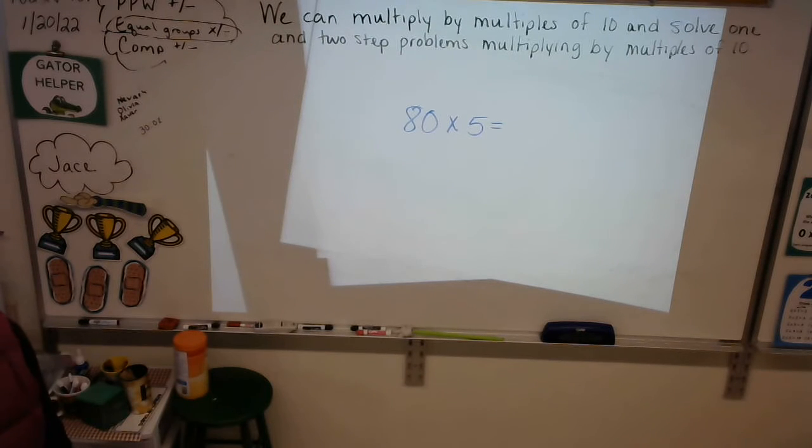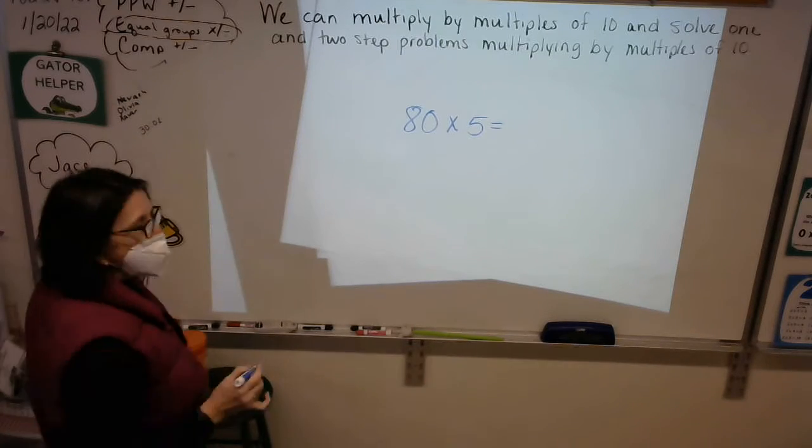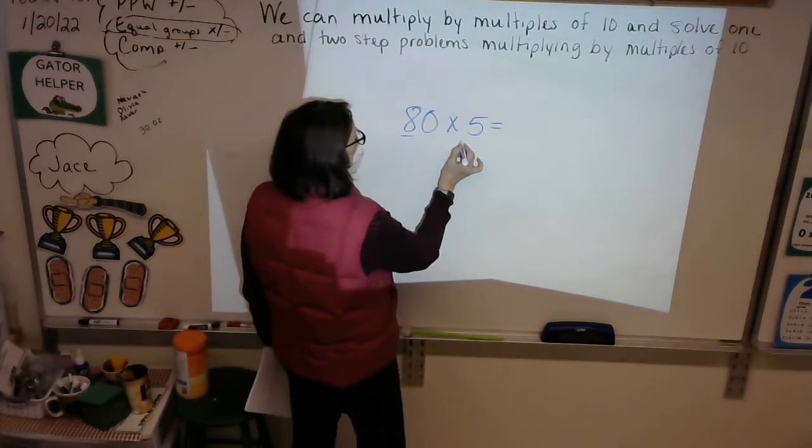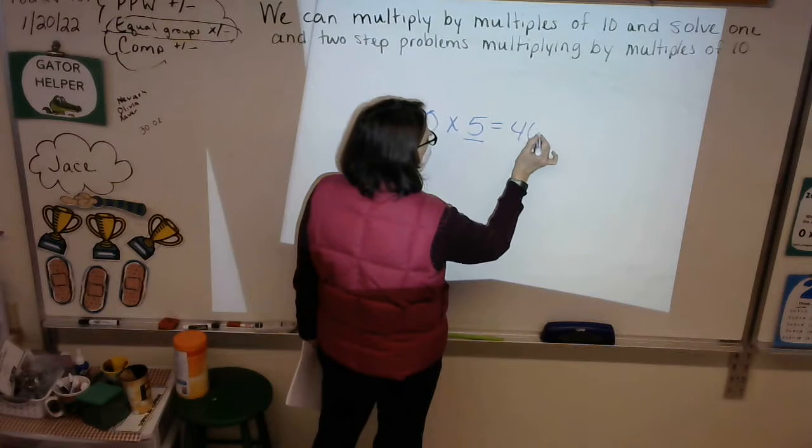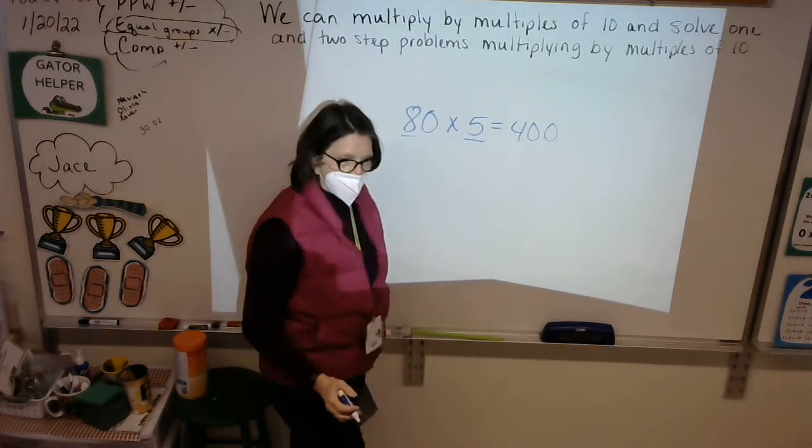Okay, very good. I see a lot of 80 times 5 equals 400. Because 8 times 5 is 40. And I add a 0, which is 400.